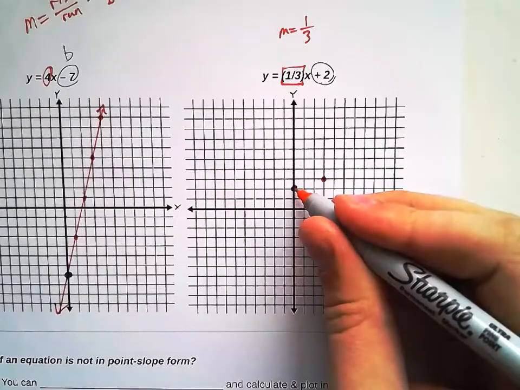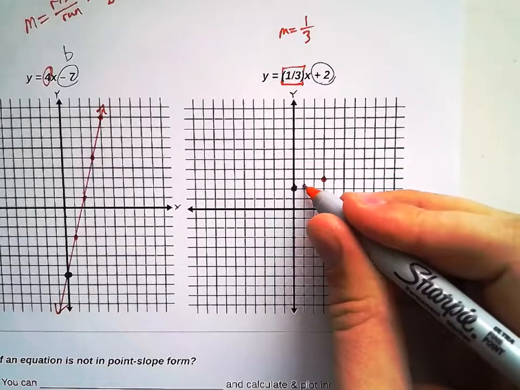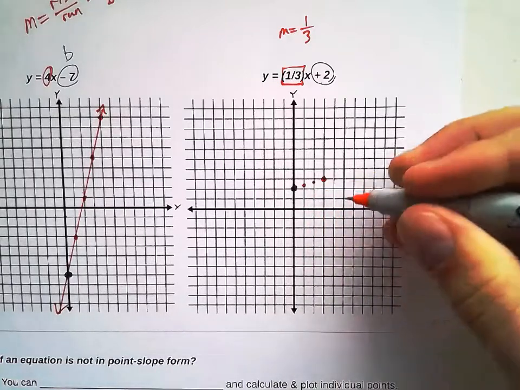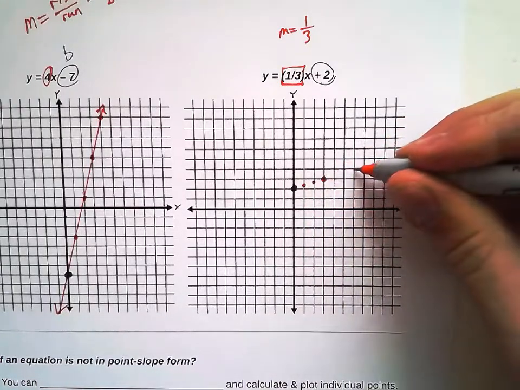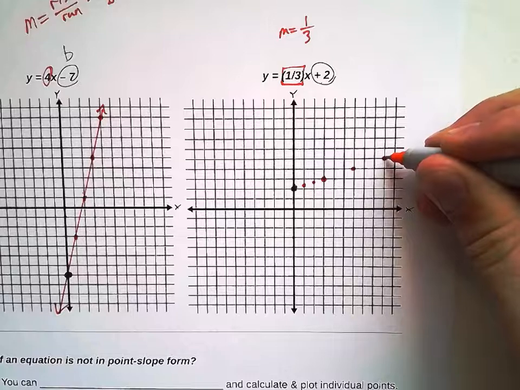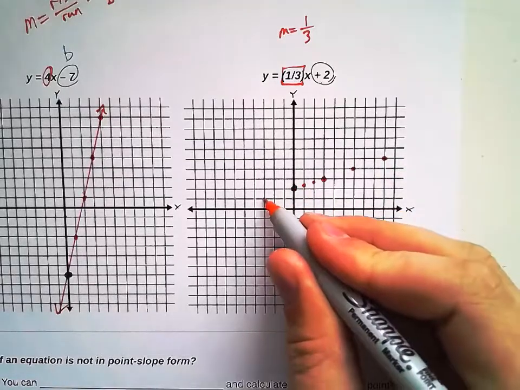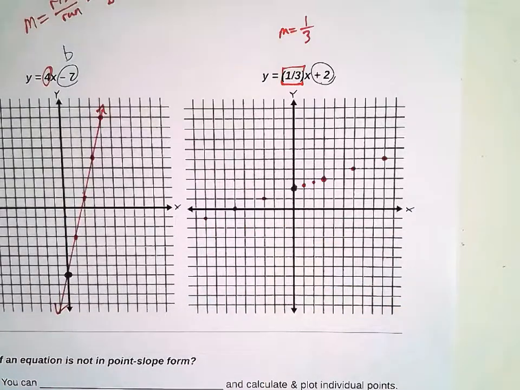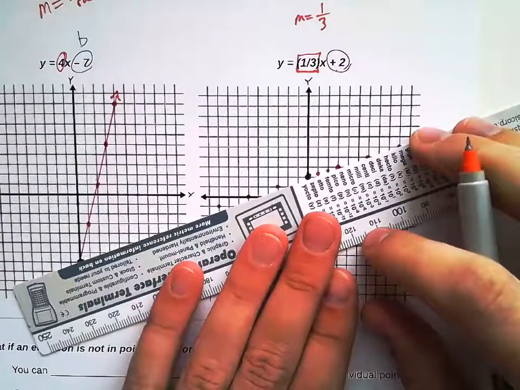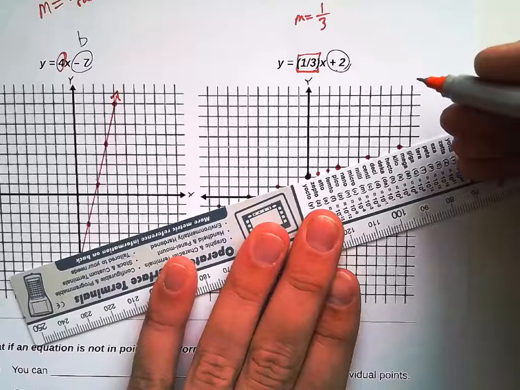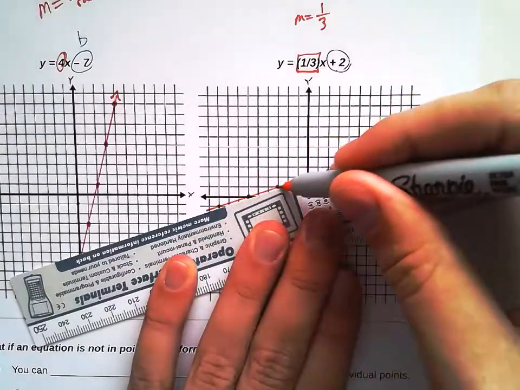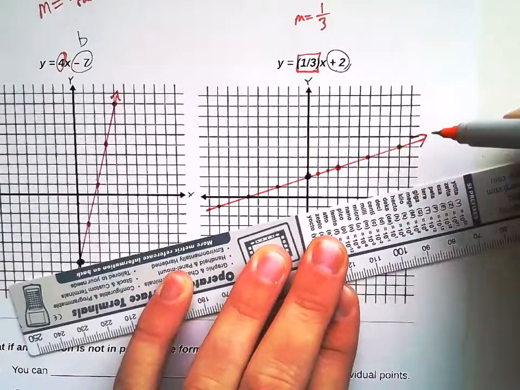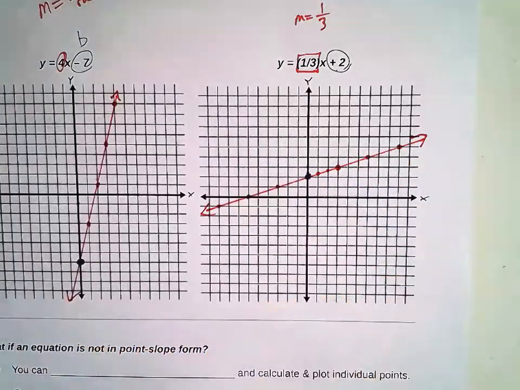You could go up a third over 1, but I think it's easier to just go up 1 over 3, up 1 over 3. And we'll connect those. There we go.